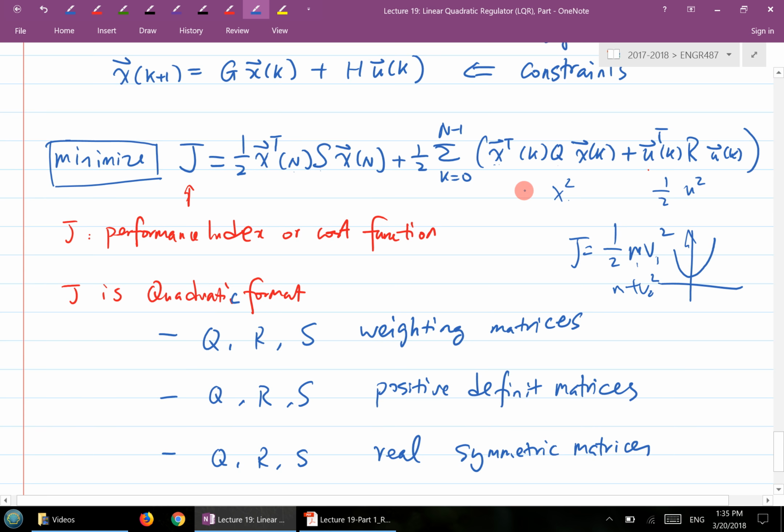Larger values for Q, low tolerance, smaller values for X. Exactly, right? Excellent. If your Q is large and you still want to minimize J, then you don't have any other choice except what? Smaller X here. Does that make sense?